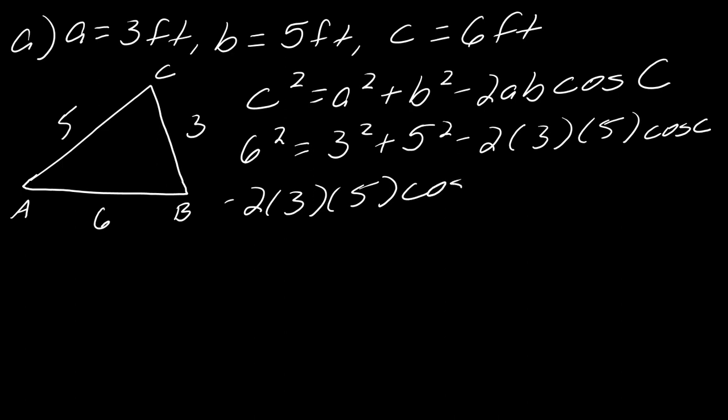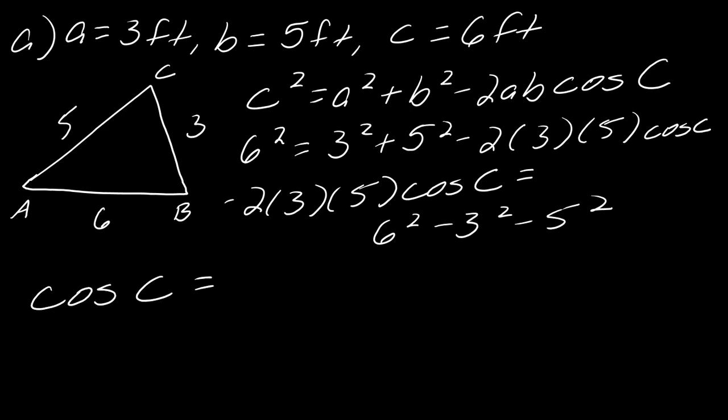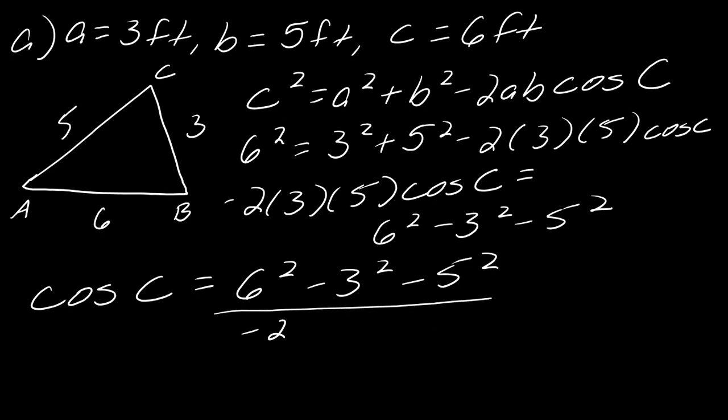So I subtracted these two things off, and then to finish getting cosine C by itself, I will divide by negative 2 times 3 times 5. So cosine C equals 6 squared minus 3 squared minus 5 squared over all this other stuff.